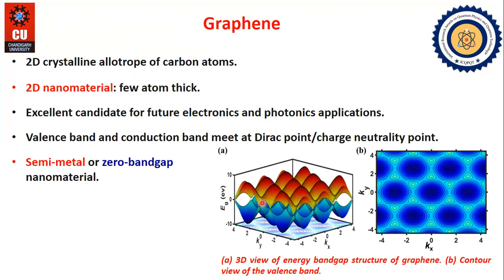The point with highest resistance is known as the Dirac point or charge neutrality point, at which the density of states tends to 0. Because of the lack of a band gap, graphene is usually described as a zero band gap material, or we can simply call it a semi-metal.